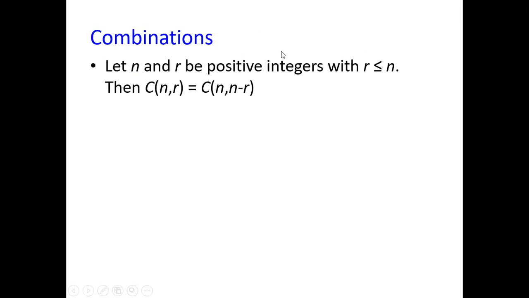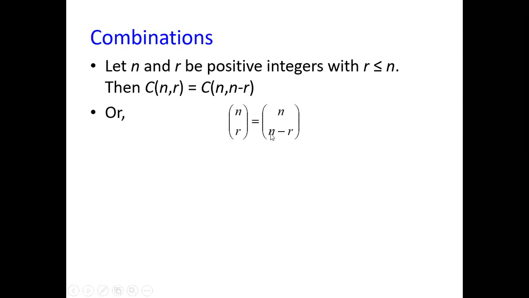Do you know what combinations are? All of you got this? Yes. Okay, good. So combination of n, r equals combination of n, n minus r.